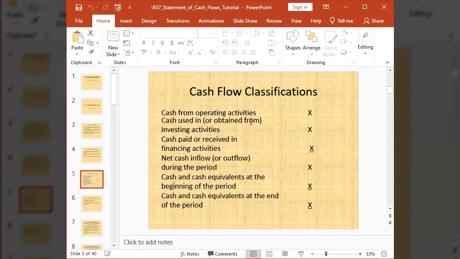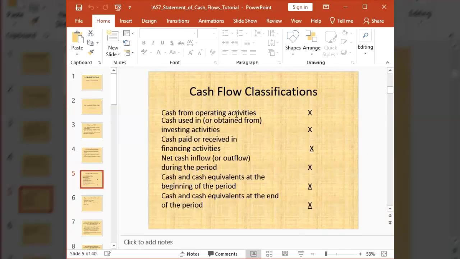It is also important to note that we have a cash flow presentation as prescribed by IAS 7, shown in this current window, where we have cash from operating activities as X, cash used in or obtained from investing activities as X, then cash paid or received in financing activities as X. The summation of the three will give us net cash inflow or outflow during the period.